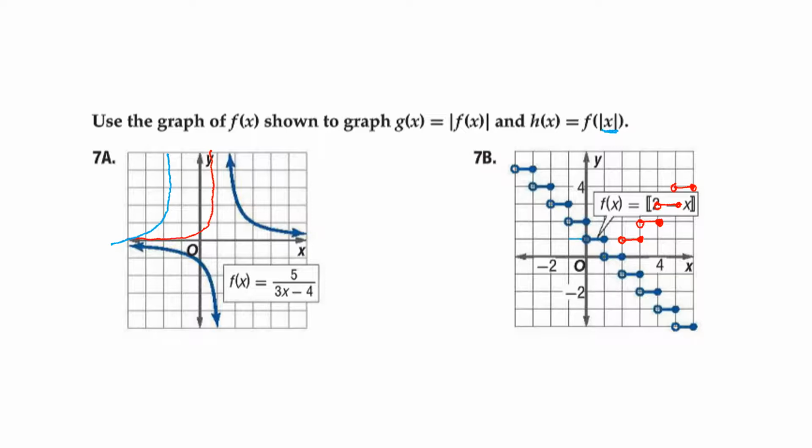So this goes like, the positive side gets repeated on the negative. Open, solid, open, solid, open, solid. So it's just mirror image. So the way this was going up like this gets mirrored across the y-axis.